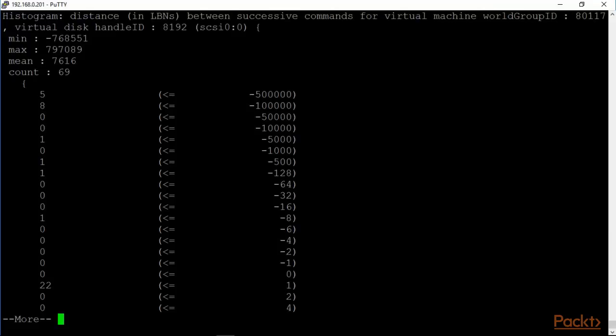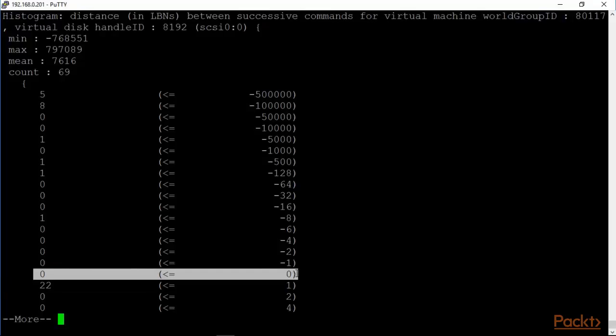The next histogram gives us the distance in logical block numbers between successive commands for virtual machines. So this tells you whether the usage of storage by this machine is random or sequential. So you start from say 0.